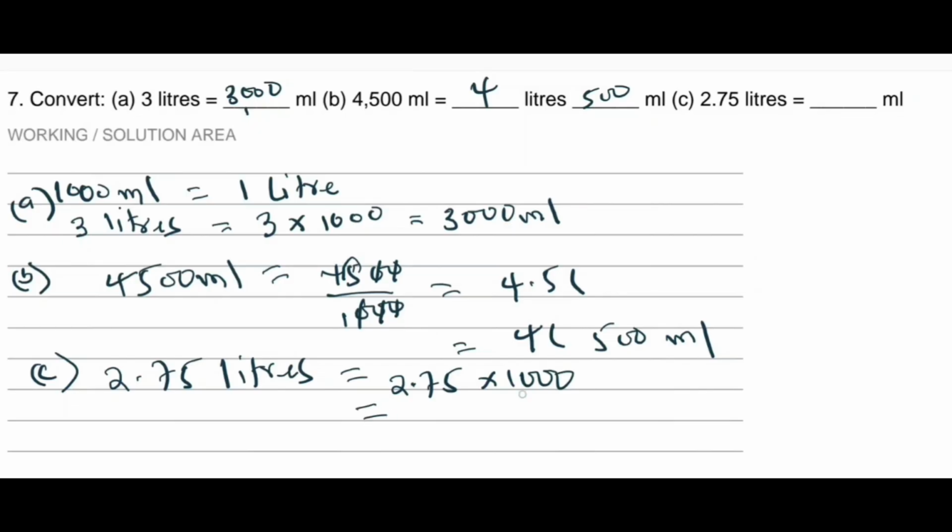The number of zeros over here is 3. So the point will move 3 places: 1, 2, and then 3. So it will be 2,750 milliliters.